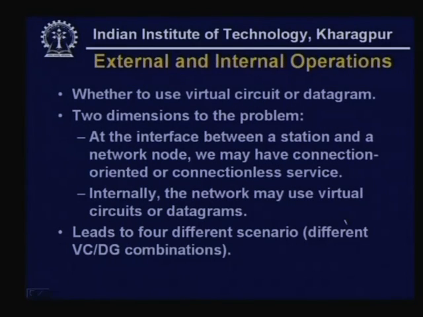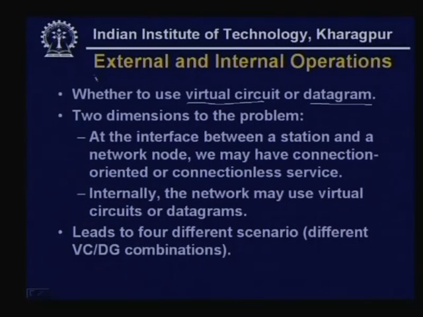Now, as I mentioned, there is a possibility of external and internal operation. That means whether we are using virtual circuit or datagram. We have seen that in the network we have stations connected to nodes, and nodes are also communicating.